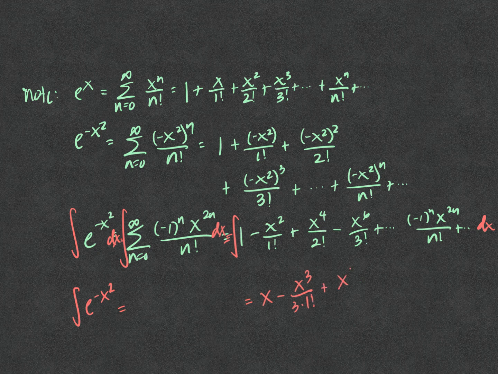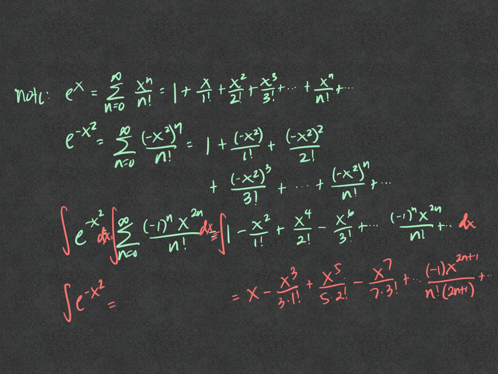Plus, when you add 1 here, you get x to the fifth, divide by the new power of 5. We already have a 2 factorial underneath. Minus, add 1 to be x to the seventh over 7 times 3 factorial, plus dot, dot, dot. We have negative 1 to the n, so this becomes x to the 2n plus 1 over n factorial times 2n plus 1, plus dot, dot, dot.